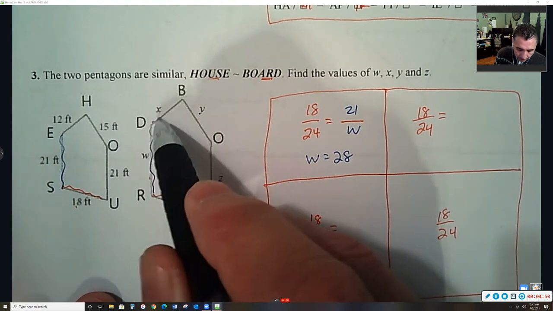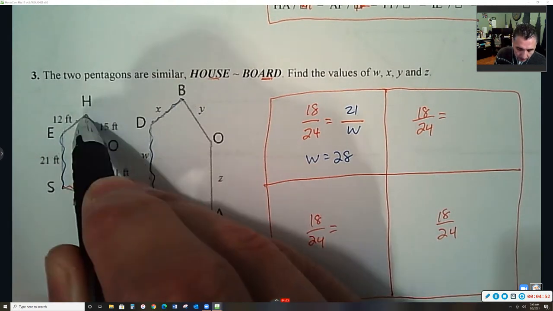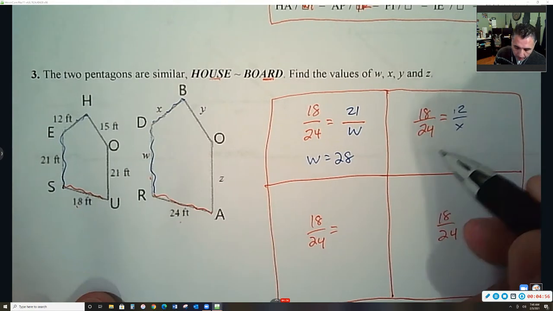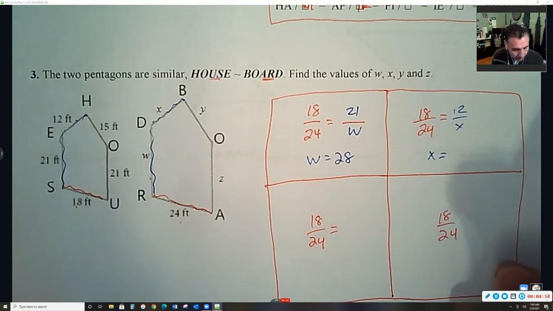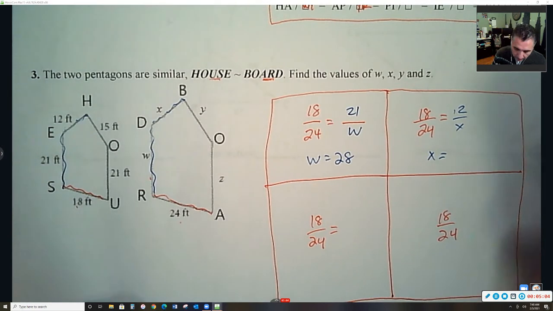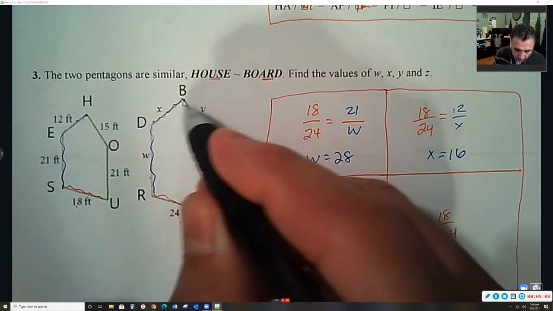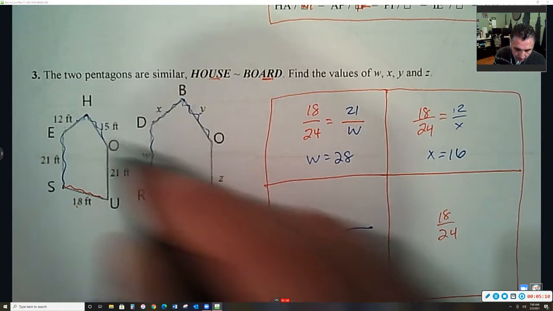Like for x, again, this side is corresponding with this side, so I write 12 over x, and then cross multiply and divide. 24 times 12 divided by 18. That's 16.